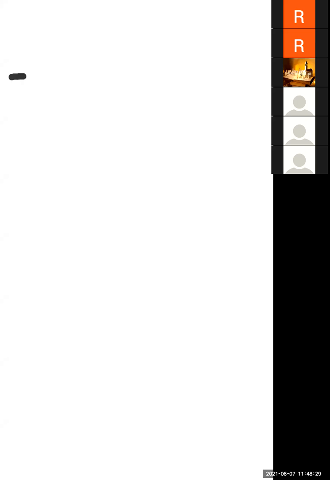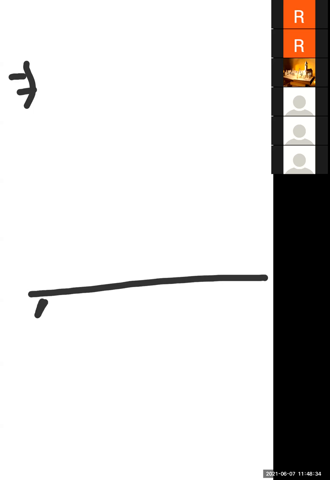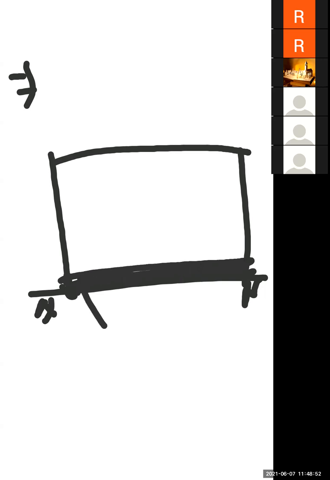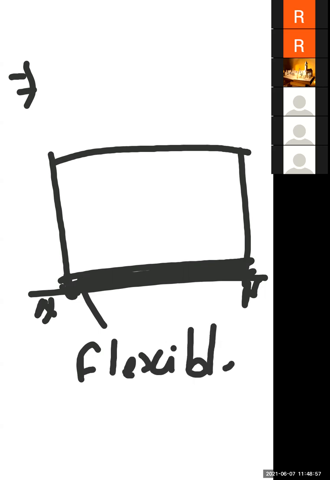Means when our circular tank is resting on the ground and having a flexible base, this base is flexible and this is your circular water tank.